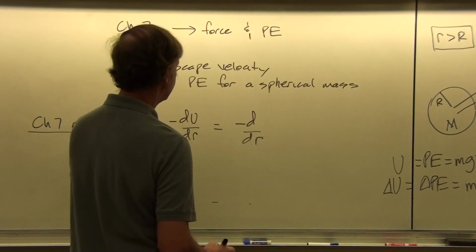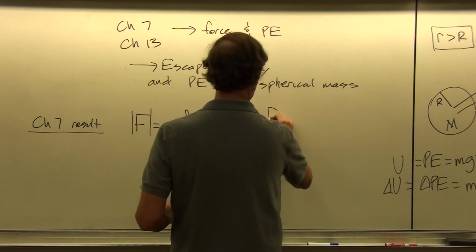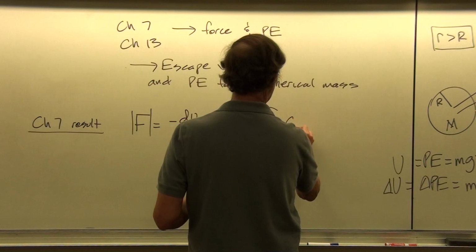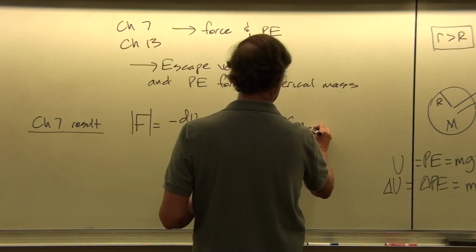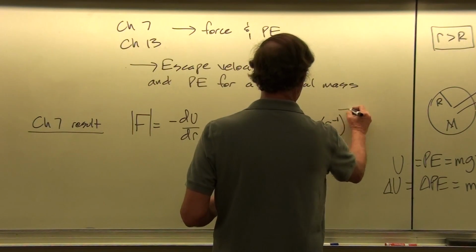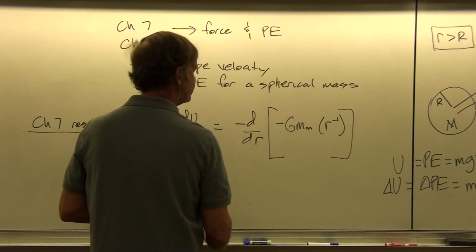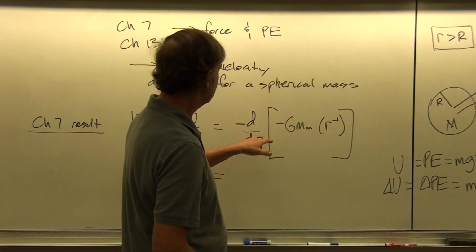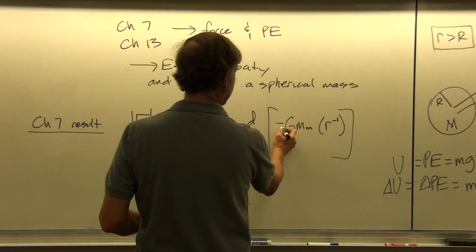Because now we're talking about the force as a function of radius of minus G M little m times r to the minus 1 power, or minus 1 over r. Okay, so this minus will cancel out that minus.